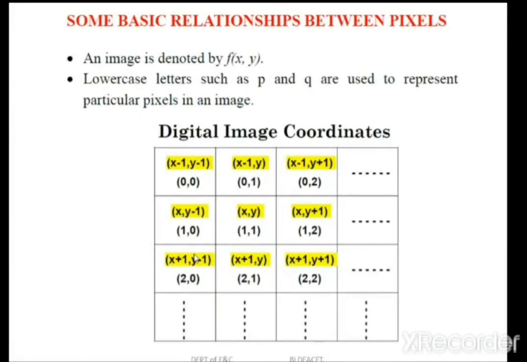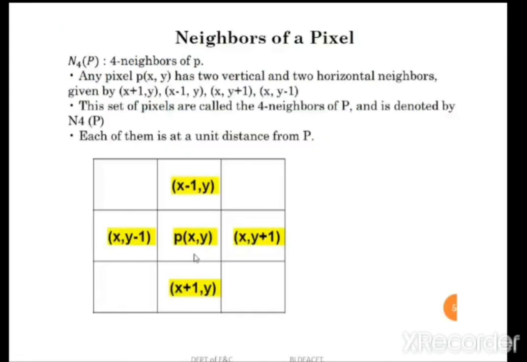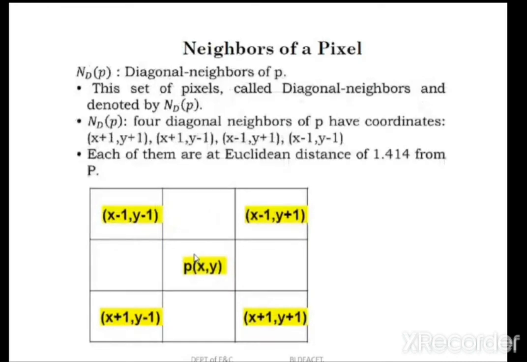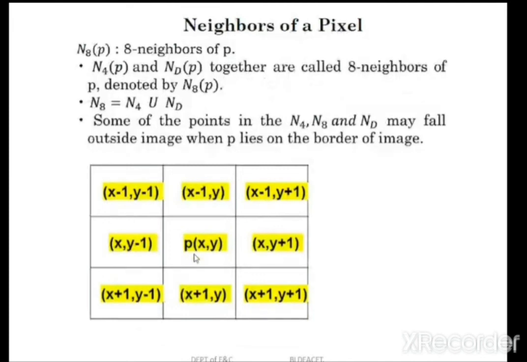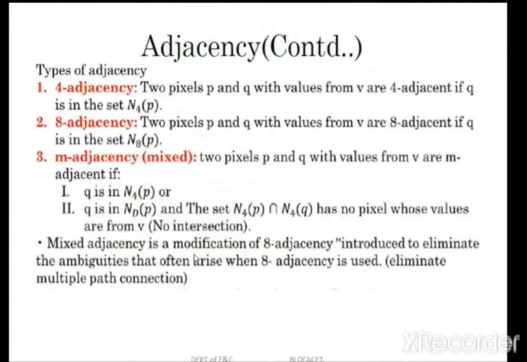We went through the different types of neighbors. We can define three different types of neighbors for any pixel p at location x comma y: 4 neighbors, 8 neighbors, and the diagonal neighbors of the pixel. Then we defined the adjacency relationship between the pixels p and q. We have 3 types of adjacency: 4 adjacency, 8 adjacency, and m adjacency.